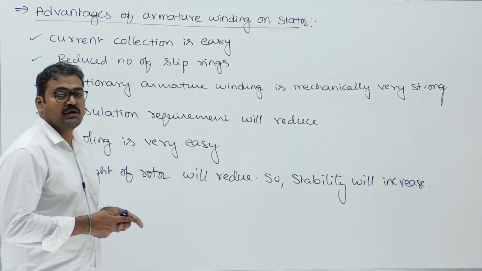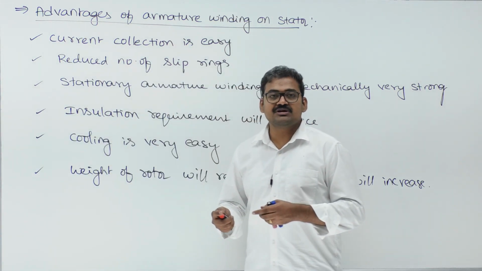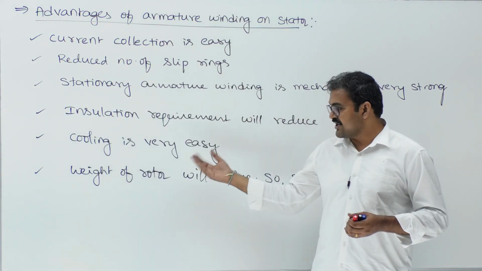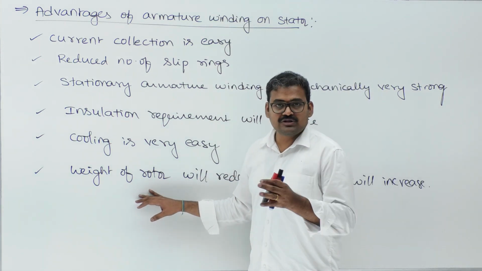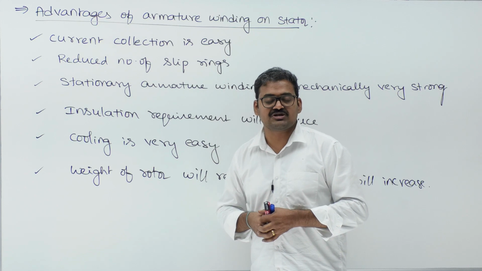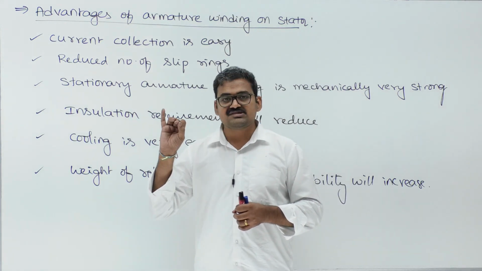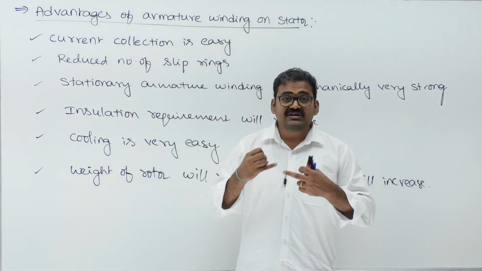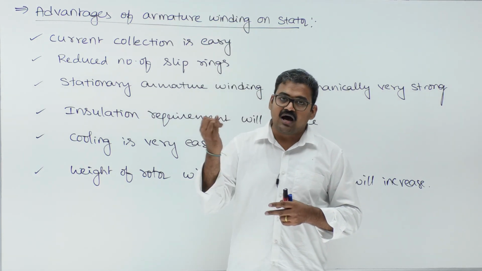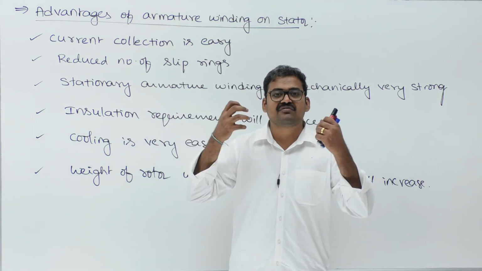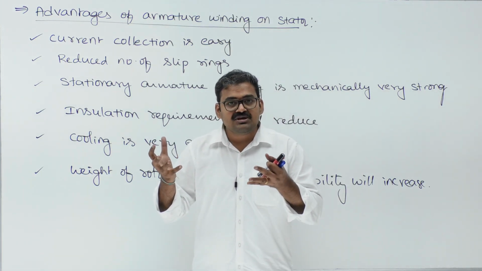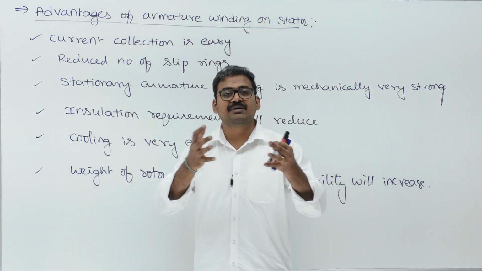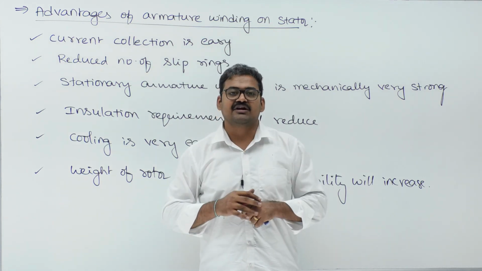Now another advantage of keeping armature winding on the stator part of the machine is the rotor weight will be reduced. We know that there are two windings in a synchronous machine. One is armature winding, another one is field winding. But the power is mainly generated in which winding? Armature winding, from which the entire power will be collected from the machine. That's why the copper weight of armature winding is always very high compared to copper weight of field winding.